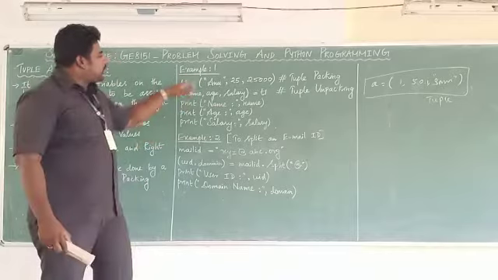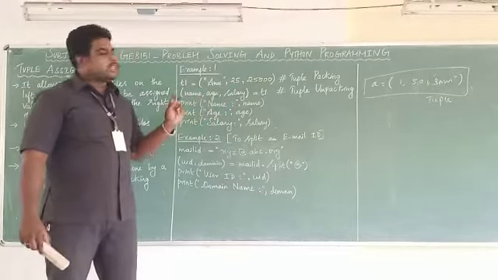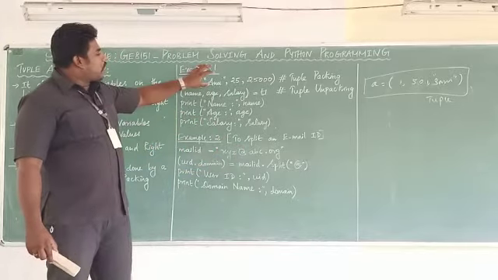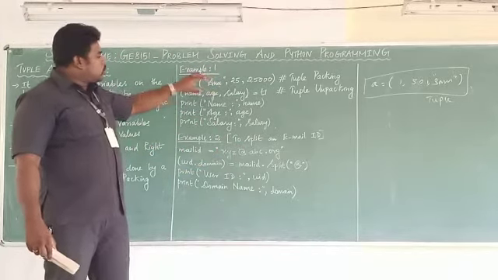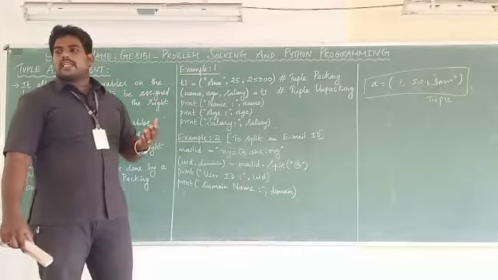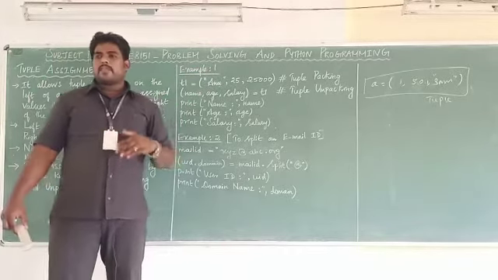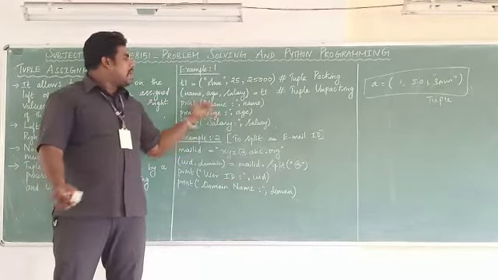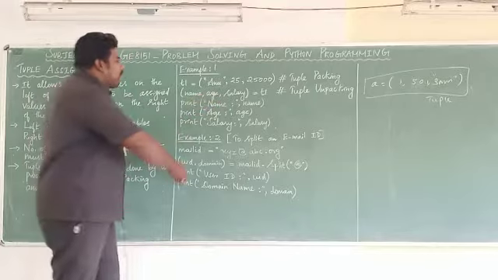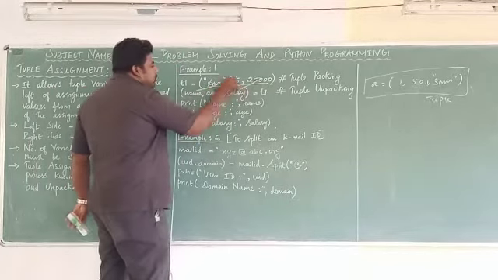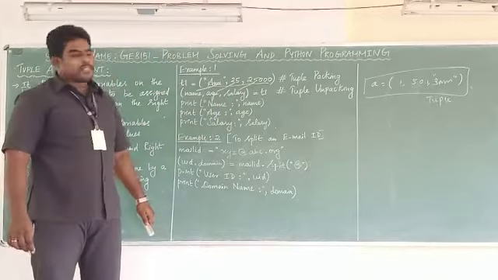Tuple packing is enclosing the values in the bracket. Tuple unpacking is when you assign these values to other tuple variables. Packing means you are putting everything inside the bracket. Unpacking means the particular values are assigned to some other variables. That is tuple unpacking.